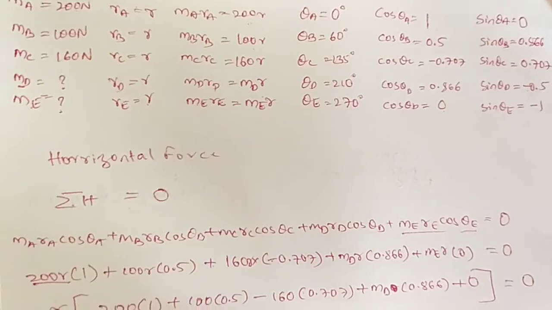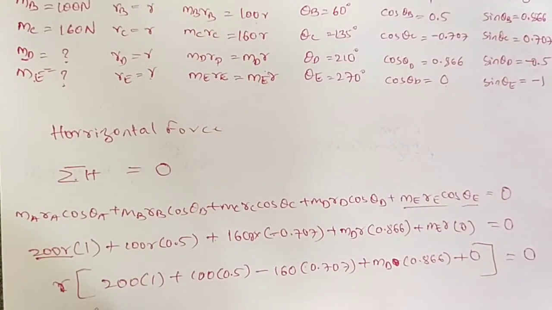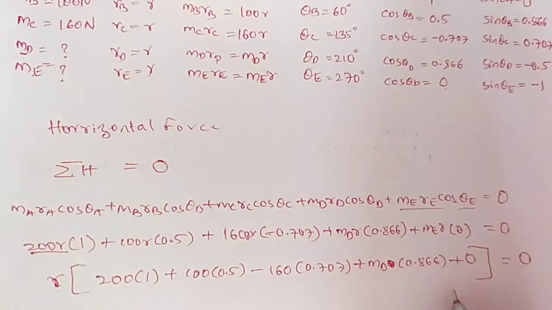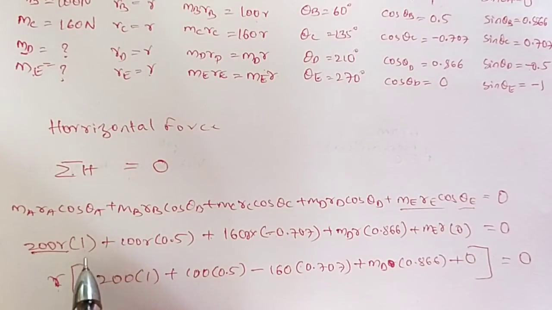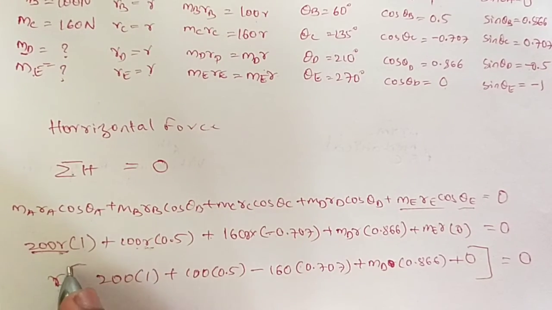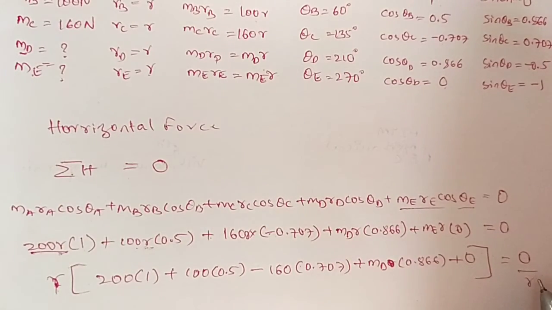When you shift R to the other side, it is divided, and 0 divided by anything is 0.